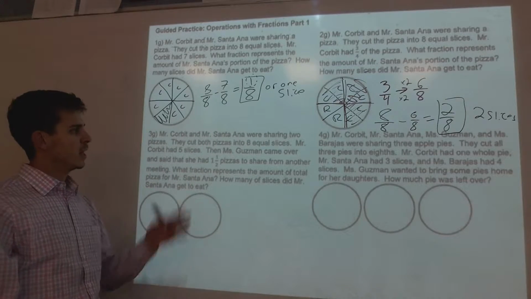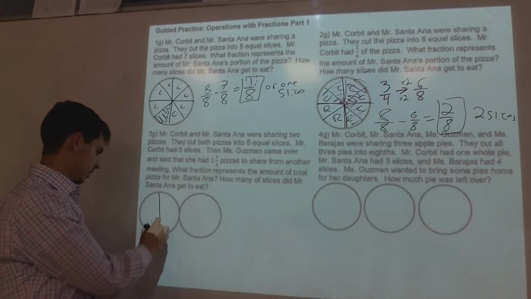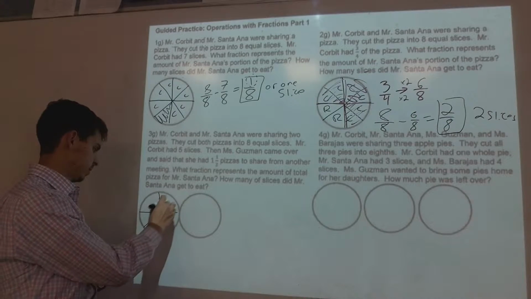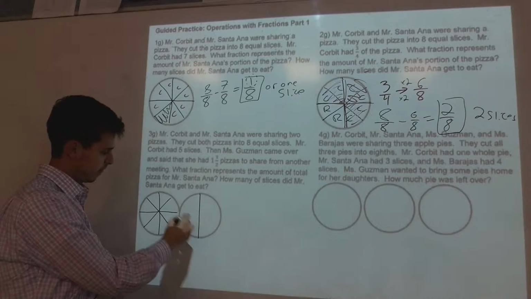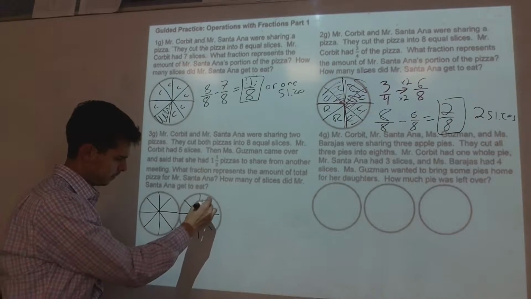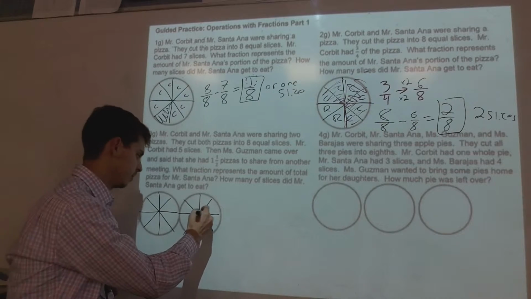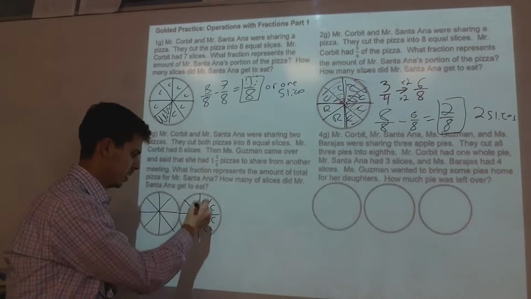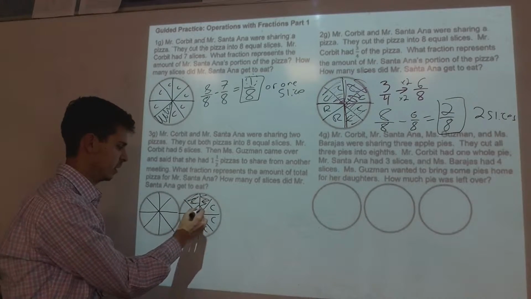Mr. Corbett and Mr. Santa Anna were sharing 2 pizzas. They cut both pizzas into 8 equal slices, so that's what we'll do again. That's 4ths and 8ths. Not my best 8ths, but we'll work with it. Mr. Corbett had 5 slices, so 1, 2, 3, 4, and 5. So these slices have been eaten. I'm going to shade these in a little bit more.